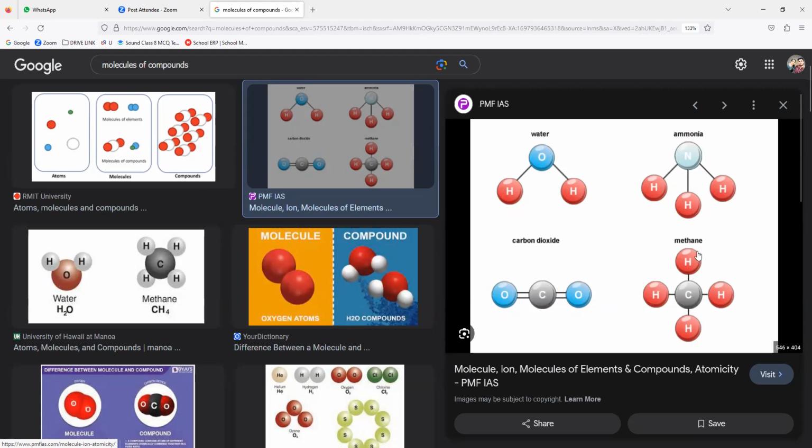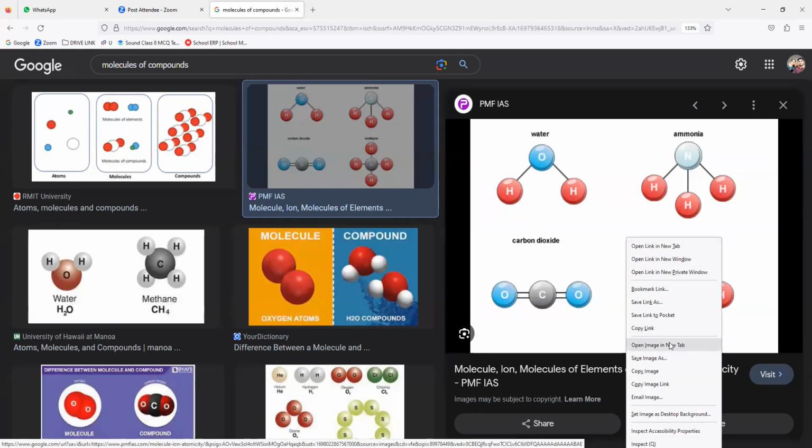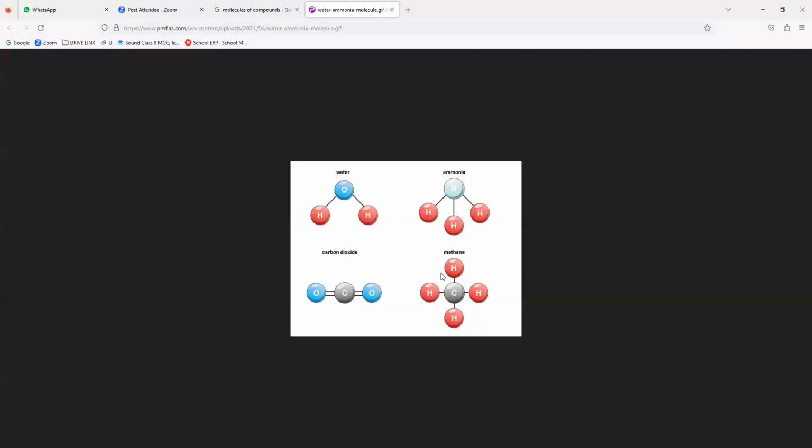One carbon bonded with four hydrogens, methane gas. Like this, different atoms are chemically bonded together. What do we call these? Molecules of compounds. Do you understand, everyone? Please respond, guys.